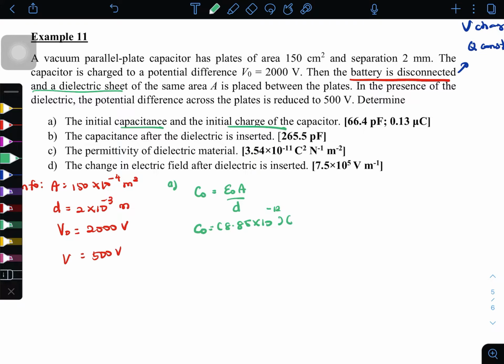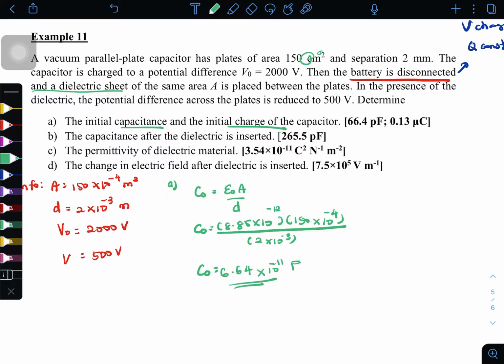The area is given 150 exponent negative 4. Sebab dia centimeter square, so dia negative 4 square bukan negative 2 square. And the distance is also given 2 exponent negative 3. So kalau kita kira, kita akan dapat C0 is equals to 6.64 exponent negative 11 farad.